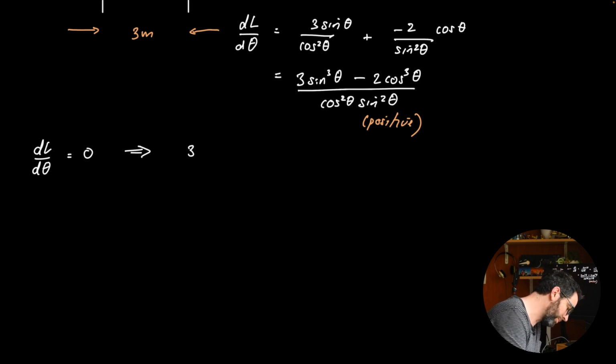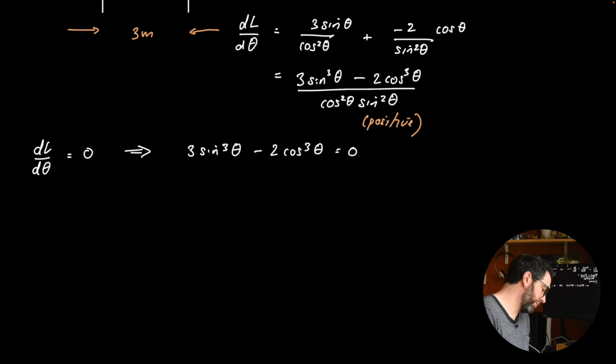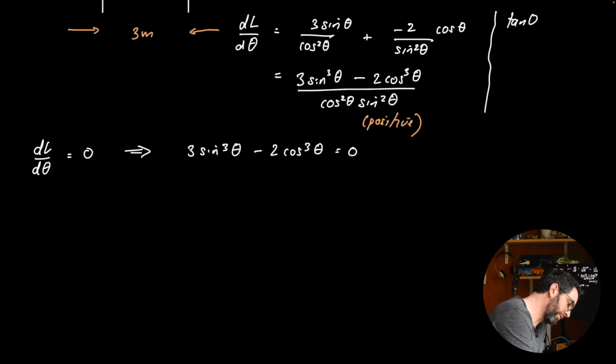So we can ignore the bottom part. 3 sine cubed theta minus 2 cosine cubed theta equals 0. What on earth are we going to do with this? Well, the thing that I'm remembering here is that when you've got sine and cosine, just remember the definition of tan theta is sine theta over cosine theta.